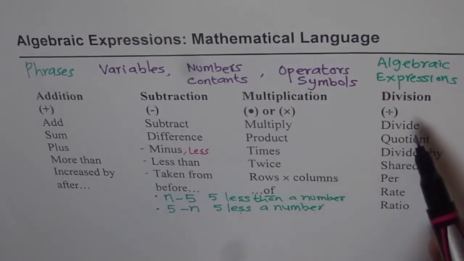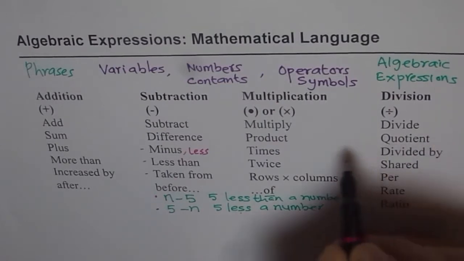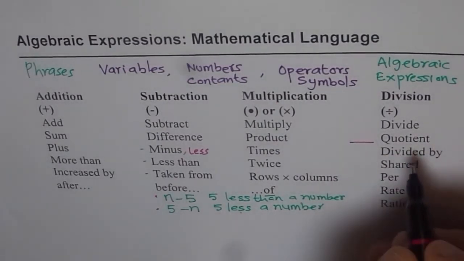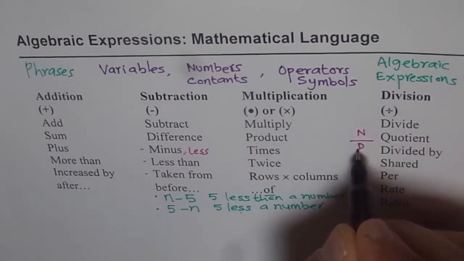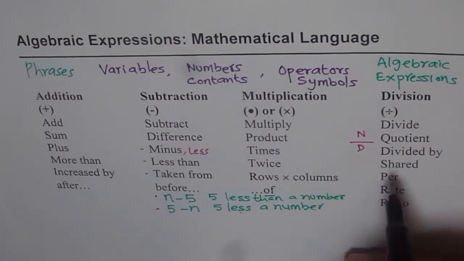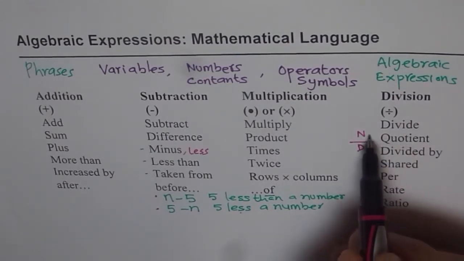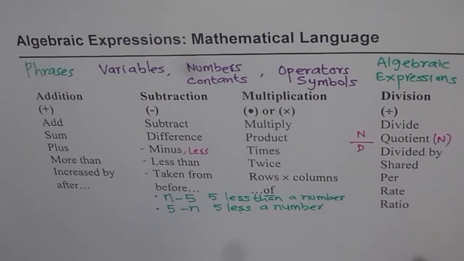Now the other part is about division. Whenever we divide, we write something on the top. That is called the numerator and this is the denominator, right? That is a fraction you're so conversant with. When we say quotient, quotient means numerator. Remember that part.